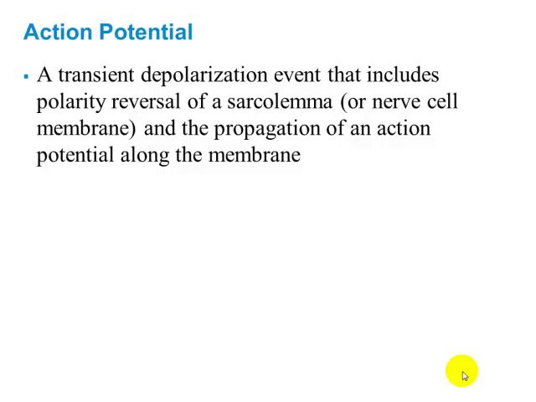What that means is, if you have more positive outside than inside, when you depolarize, those two things become more similar until they actually flip-flop or switch, and then you get more positive inside than outside. That's a reversal. Now what that is going to do is allow a signal to be spread along a plasma membrane very quickly. And that's what we'll see in both muscles and neurons.